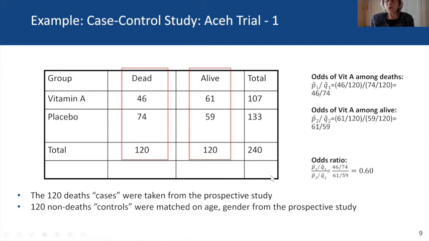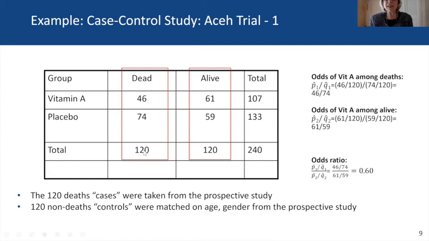So now we have a new 2x2 table. There's an overall total of 240. 107 received vitamin A, 133 placebo. And we can now calculate the odds of receiving vitamin A among those who had died. So again, we'll use the data to look at the proportion who had vitamin A among the deaths.